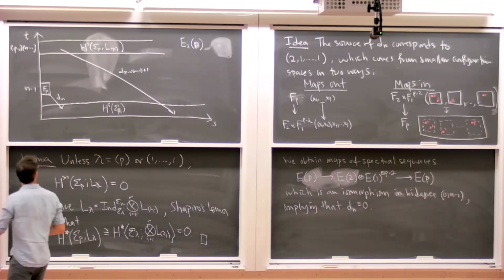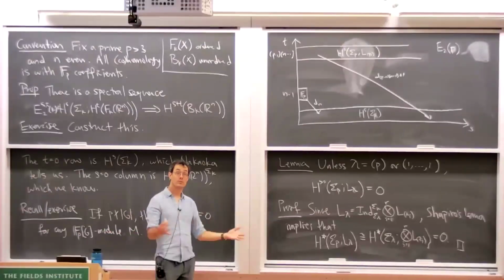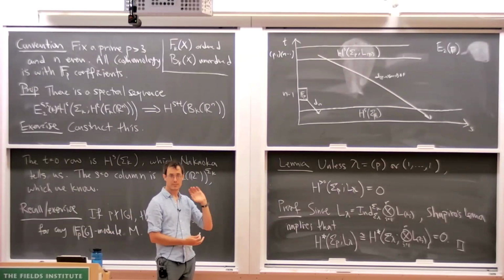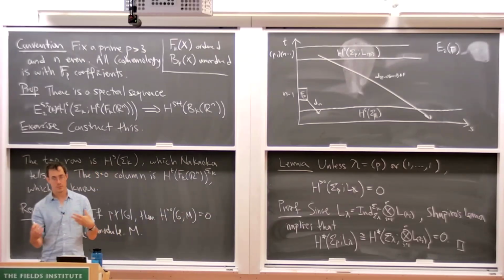The takeaway is that the cohomology of the configuration space is assembled from smaller configuration spaces via these maps, and that places strong constraints on how the different partitions can interact with each other.